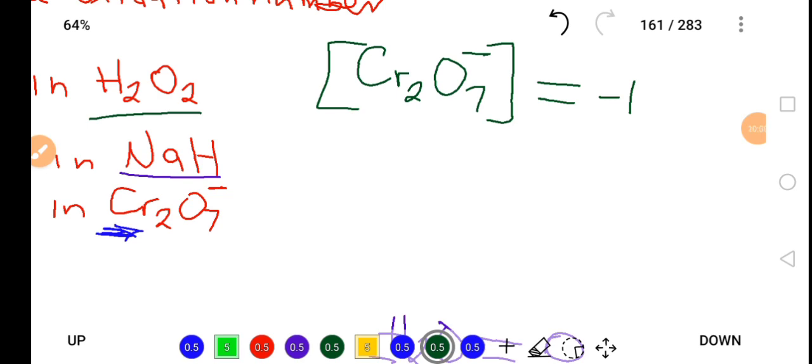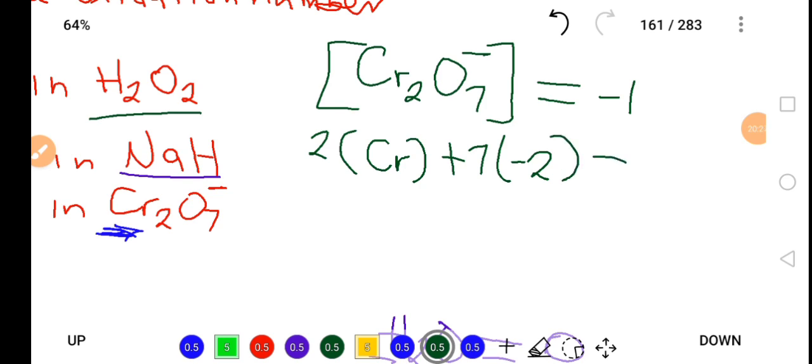We are not going to say 0 because the compound is having a charge. Take note of that. Very important. So chromium, we have 2 atoms in the compound. Chromium is what we are looking for. So chromium, the oxidation number is not known. Plus, we have 7 atoms of oxygen times the oxidation number of oxygen, which is definitely -2, equals -1. So we have 2 chromium. If you want, you can put x.